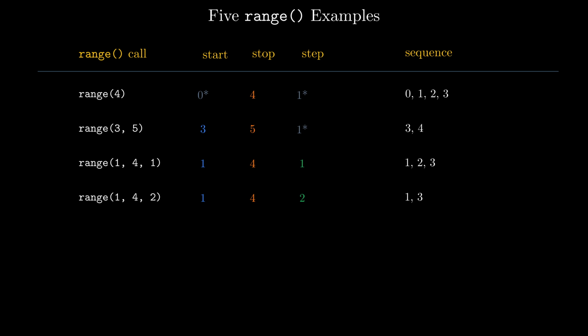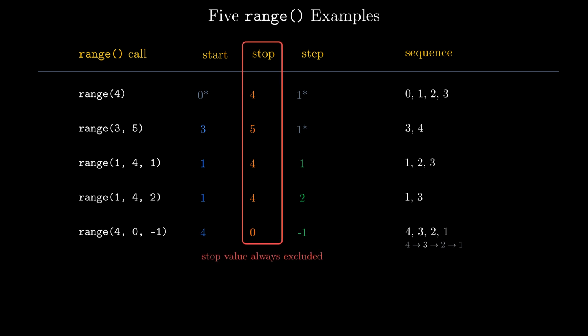Sequence 1, 3. Finally, range 4, 0, negative 1 starts at 4, decrements by 1, stops before 0. Sequence 4, 3, 2, 1. 0 is excluded, consistent with the rules that the stop value never appears.